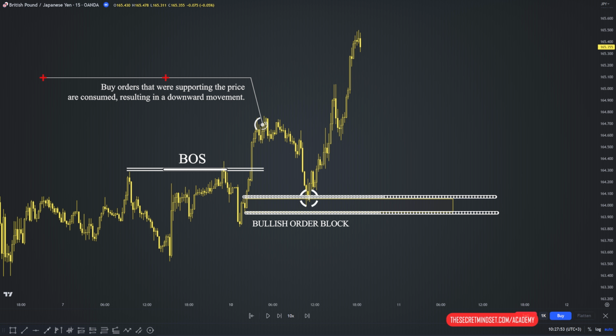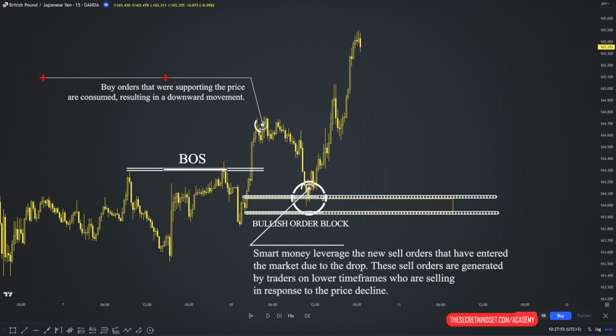As the price falls into the region where the banks initially placed their buy trades, they leverage the new sell orders that have entered the market due to the drop. These sell orders are generated by traders on lower timeframes, who are selling in response to the price decline. And banks utilize these sell orders to facilitate the execution of the remaining buy trades they intended to enter into the market.